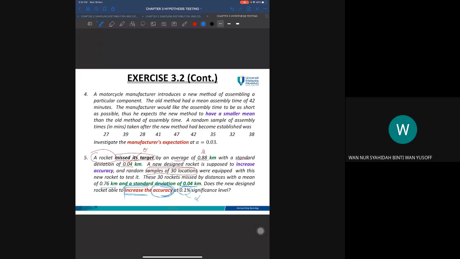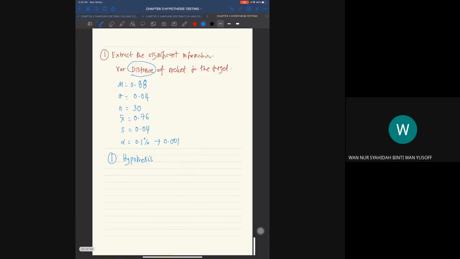To discuss both terms, or here in this case to discuss the accuracy, basically we can use the variability. So if we go to the variability, the parameter should be sigma for our hypothesis.